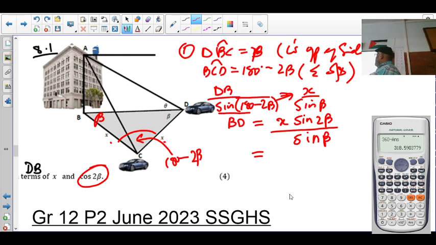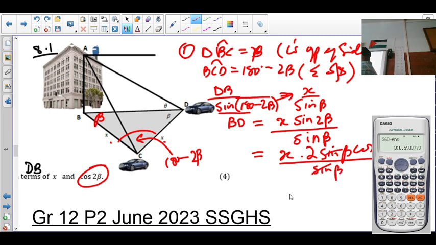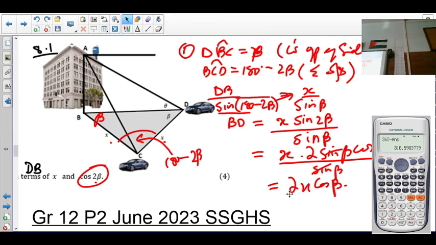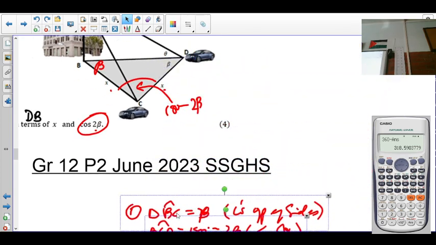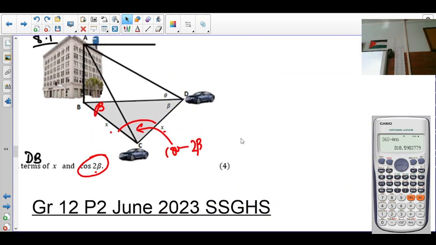I can't use the sine rule, because this will simplify into x times 2 sine beta cos beta over sine beta, where that cancels, which gives you 2x cos beta. And that's not what they want, because they wanted cos 2 beta. So let's go and use the cos rule.